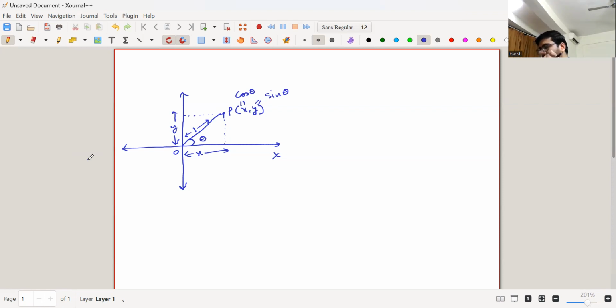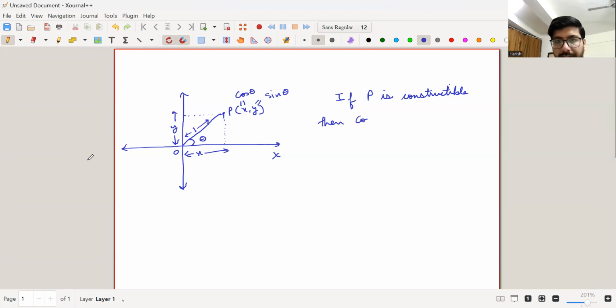If P is constructible, then cos theta and sin theta are constructible, because you can just take the x coordinate and the y coordinate.